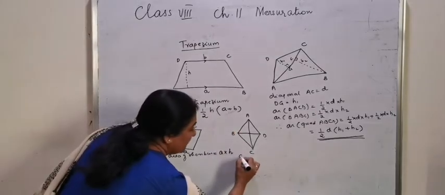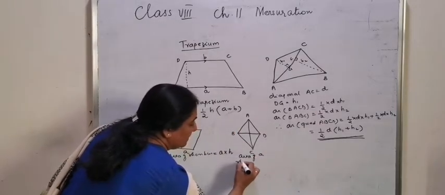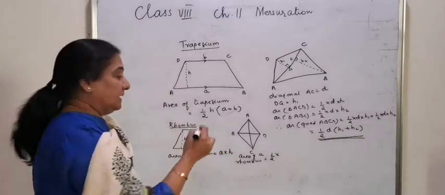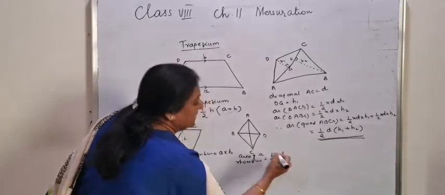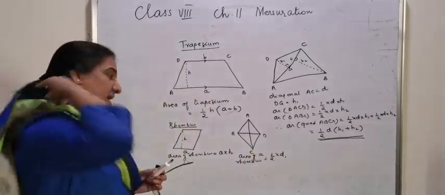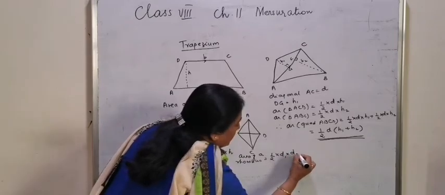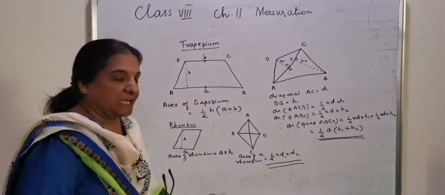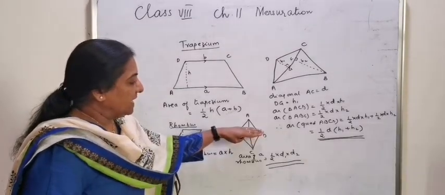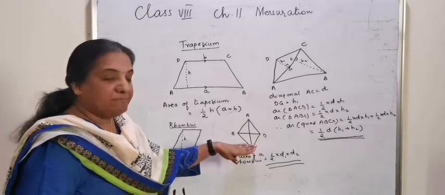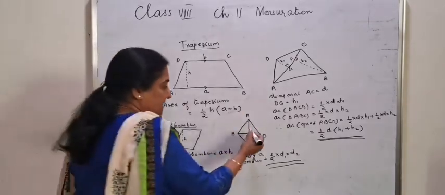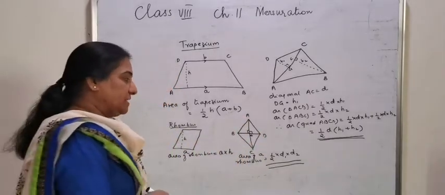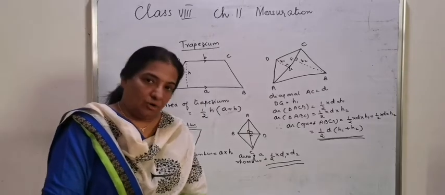The second formula is area of a rhombus is equal to half into, let's call diagonal AC as d1 and diagonal BD as d2, half into the product of the diagonals. The application is you are finding the area of triangle ABD, finding the area of triangle BCD and adding. Since the diagonals bisect at right angles, AO will be the altitude. Similarly, CO also will be an altitude.